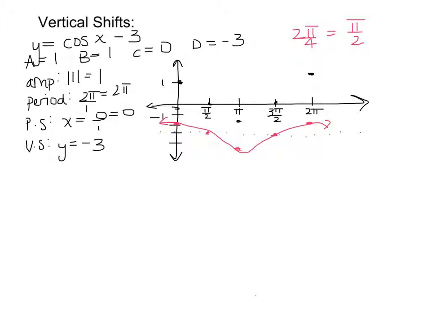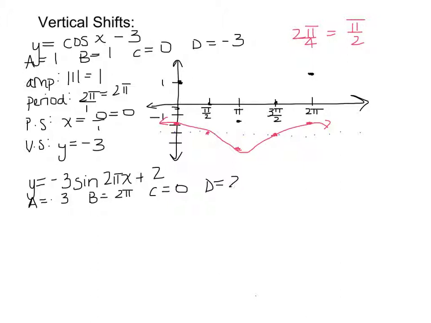And then I'll do it for sine. And I'm going to mix it up and throw a negative in there. So A is -3, B is 2 pi, C would be in parentheses, we don't have one, and D is 2.